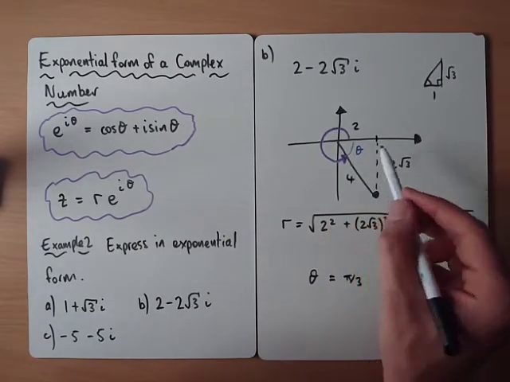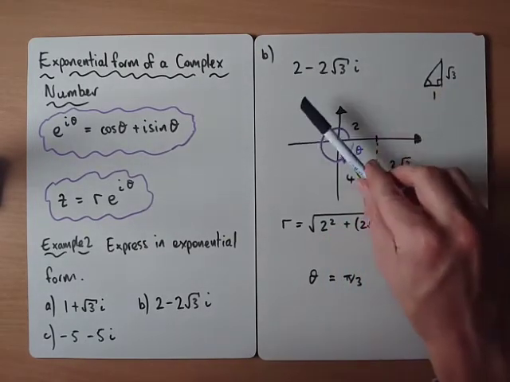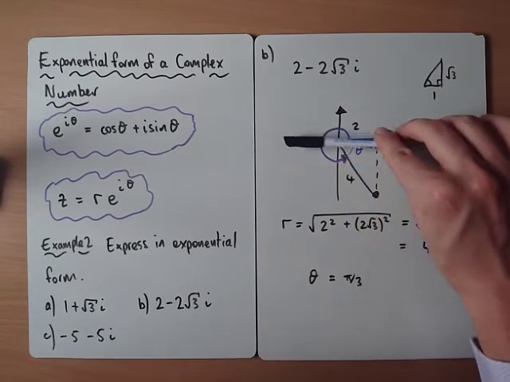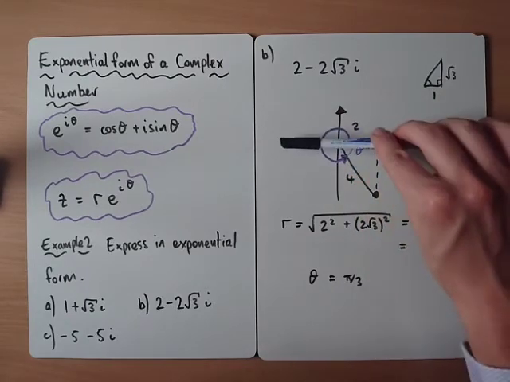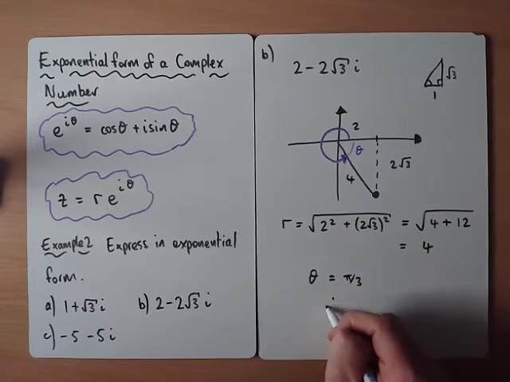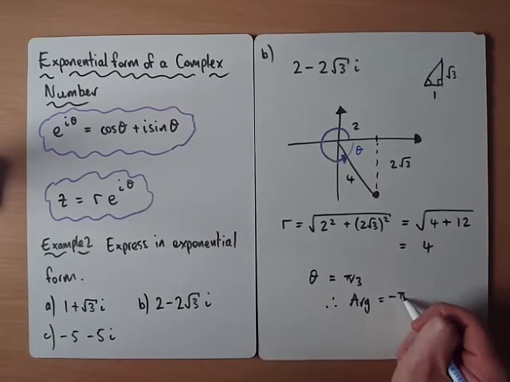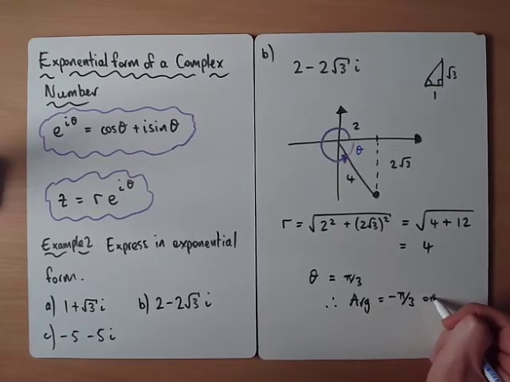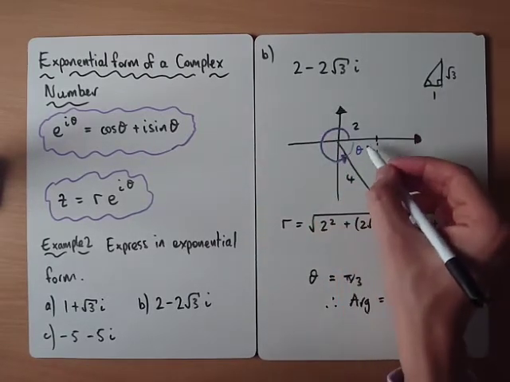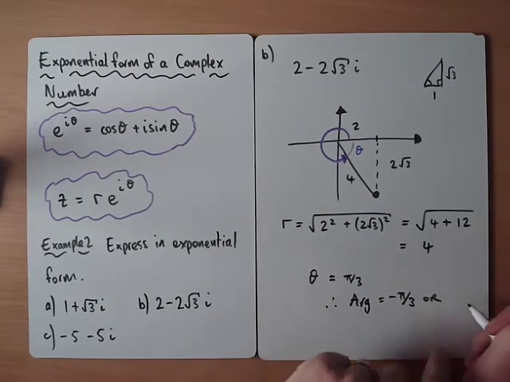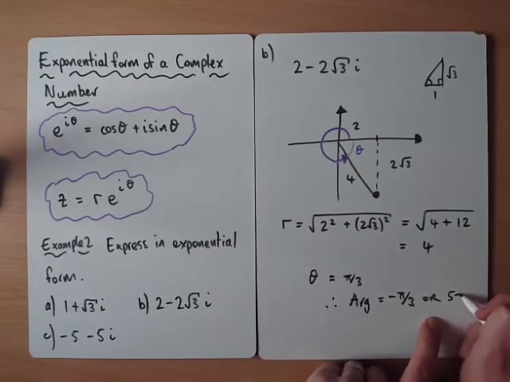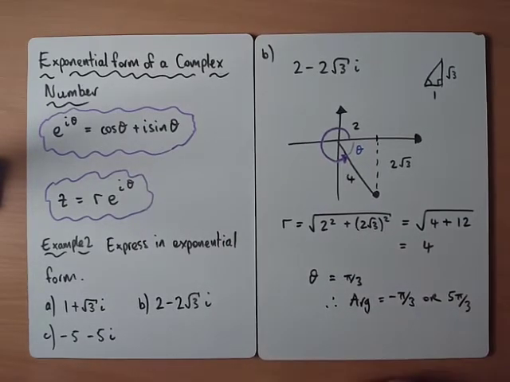We've got 2 options now. We could write it as minus pi over 3, because if you do minus, you go in this way, you're going clockwise. Or you could write it as 2 pi minus pi over 3, so that would be 5 pi over 3. And sometimes the question will specify what your argument needs to be between.